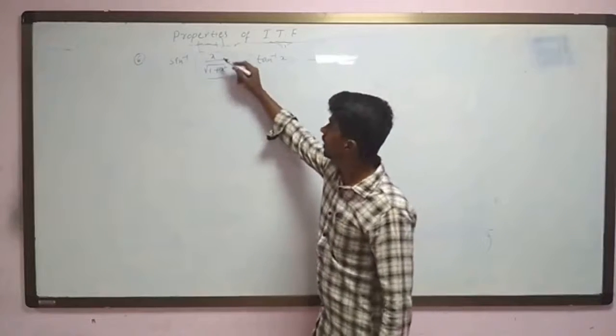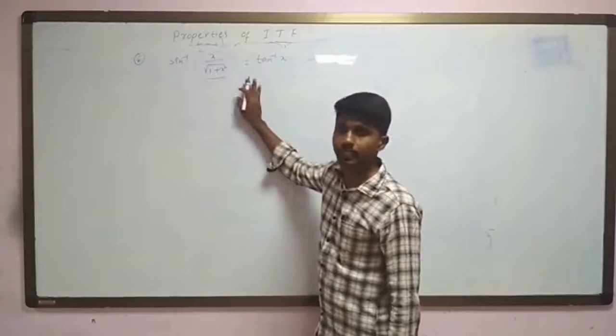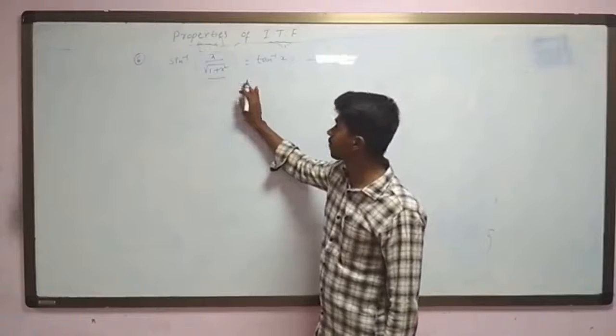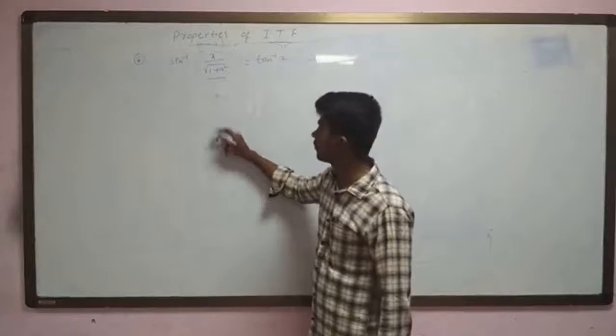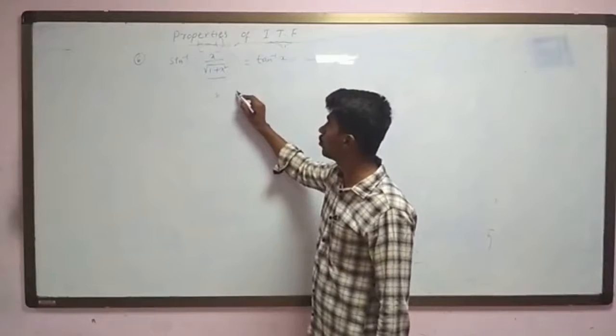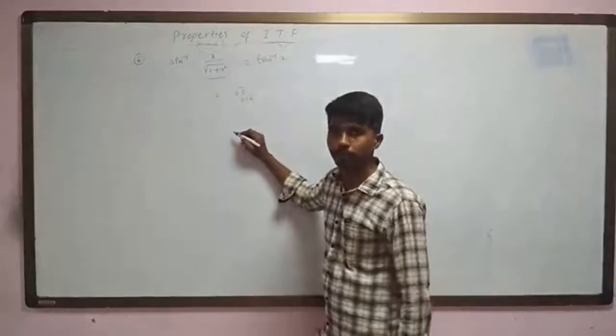What I get is x over the square root of 1 plus x square. You can check: if I have x value 2, 1 plus x square, 2 square, 4, 5 under root, 2.14.